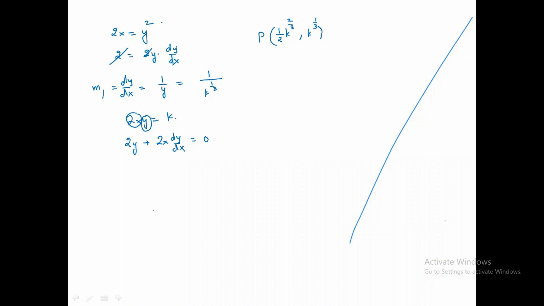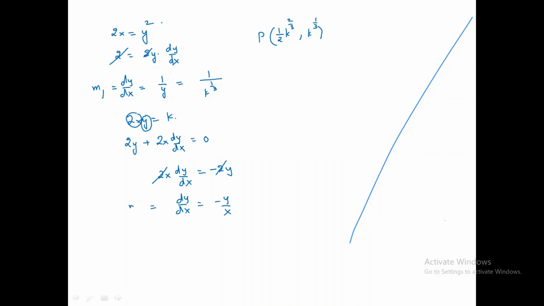Because k is a number which we are going to find. Then I can write 2x dy by dx equal to minus 2y. I can cancel 2. dy by dx will be minus y by x.